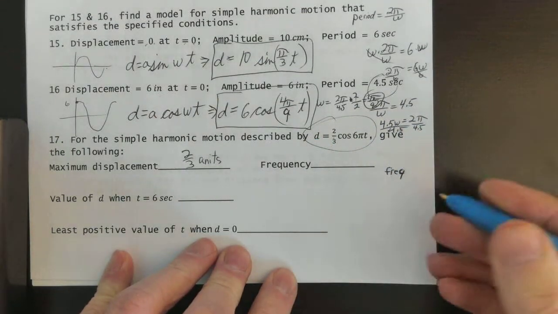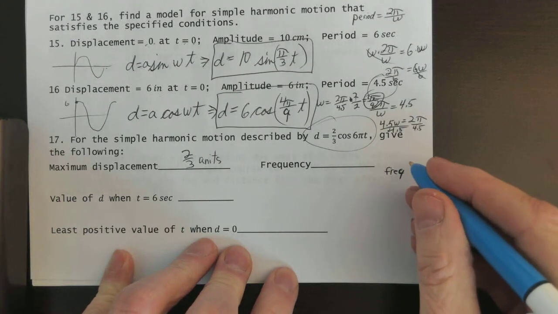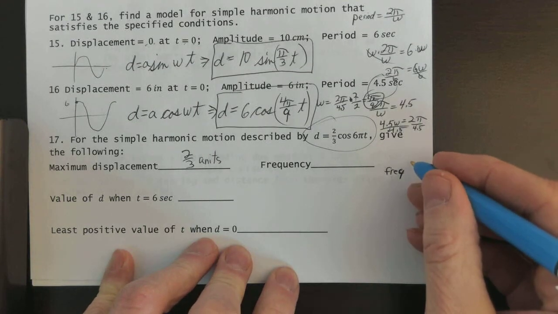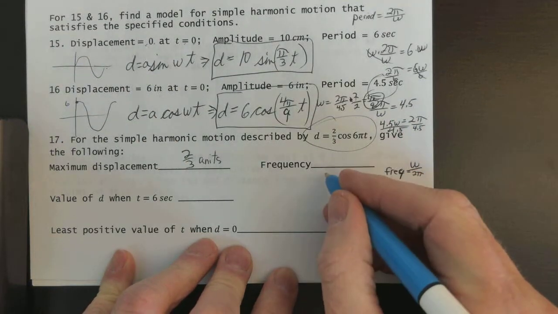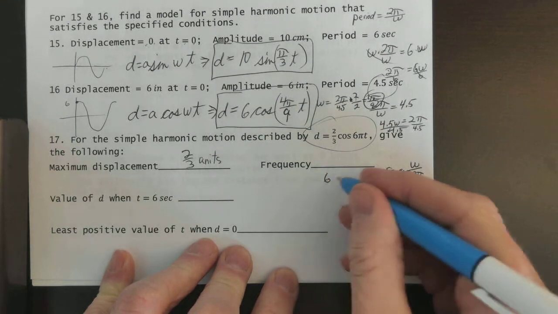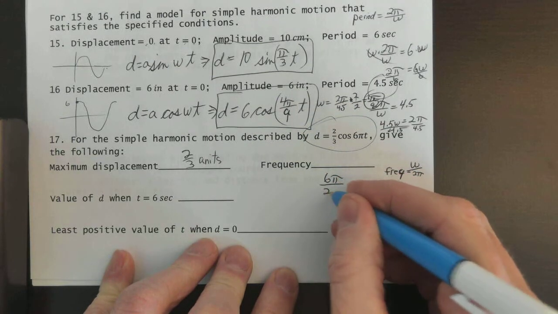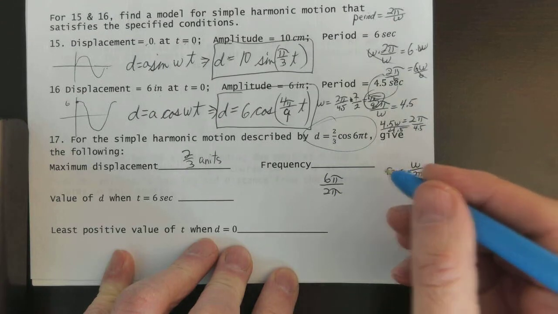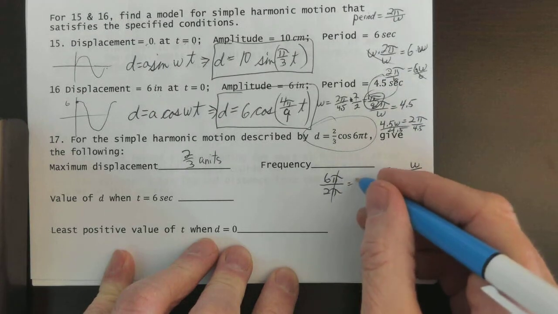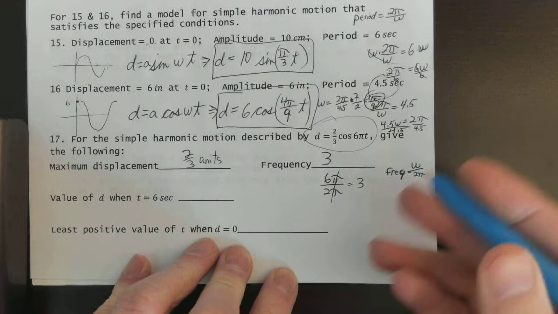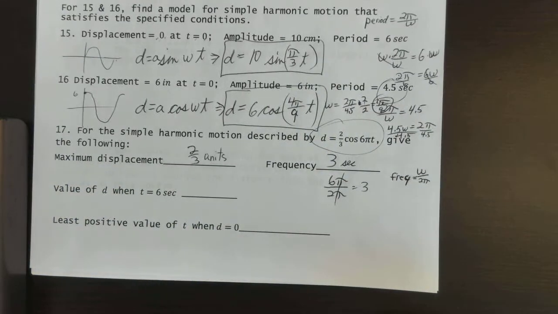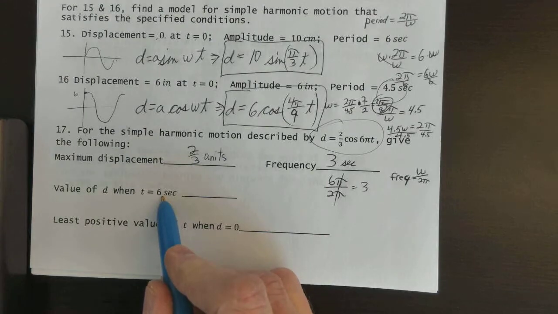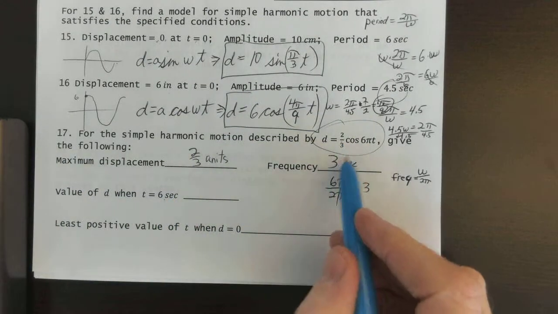So how long does it take to go through a cycle? That would be omega over 2 pi. So omega here is 6 pi over 2 pi. Those pi's cancel out, and that's 3. And I'm going to guess that this is in seconds, and I see seconds down here. I just didn't see any units up here in the model.